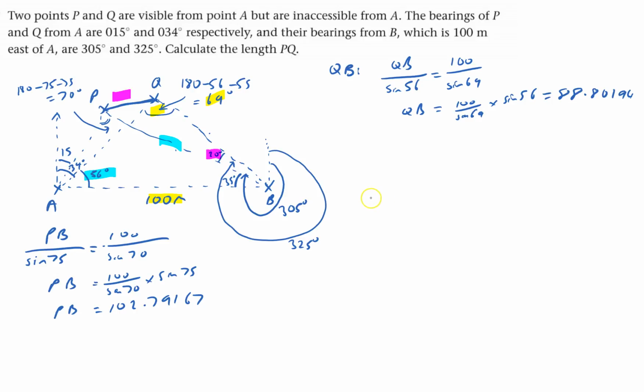So PQ squared equals QB squared, which is 88.80194 squared, plus PB, which I just worked out, 102.79167 squared, minus 2 times those two lengths multiplied together, 88.8 times 102.79 times cos of the angle between them, and the angle between them is what I've highlighted there, 20 degrees.